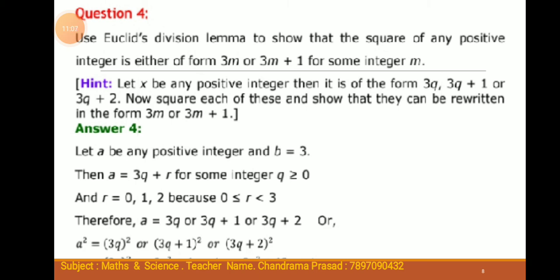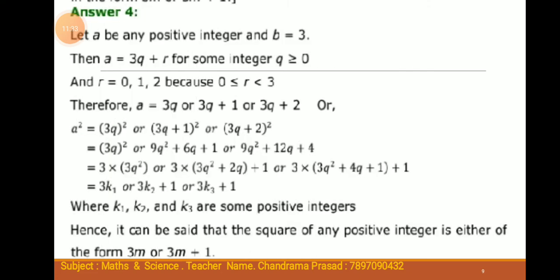Now, question number 4. Use Euclid division lemma to show that the square of any positive integer is either of the form 3m or 3m + 1 for some integer m. Students, now let a be any positive integer and b = 3.